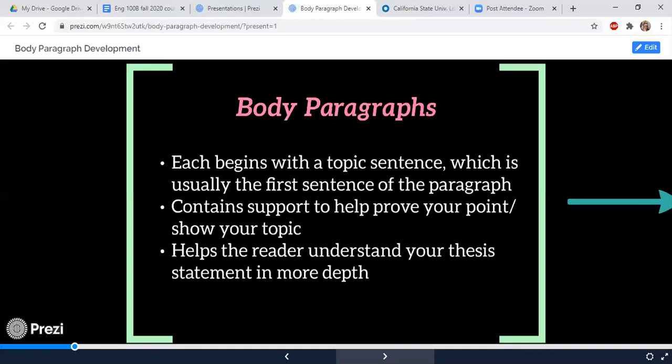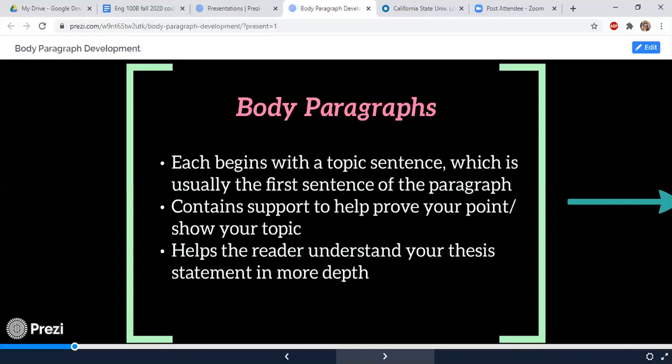Each of your body paragraphs should only focus on one topic. You should not talk about more than one idea within a single body paragraph. Now, you should have multiple examples, but all of these examples should all be about that one idea.